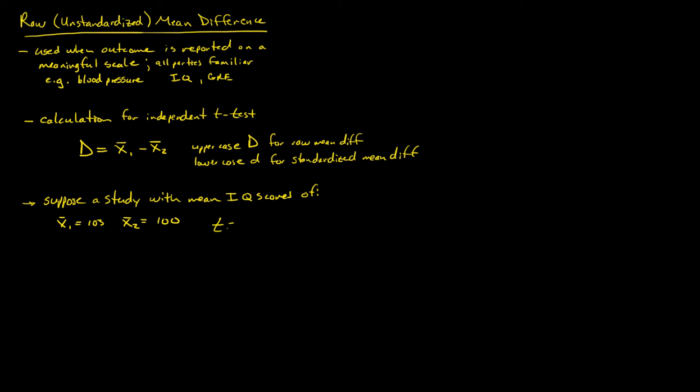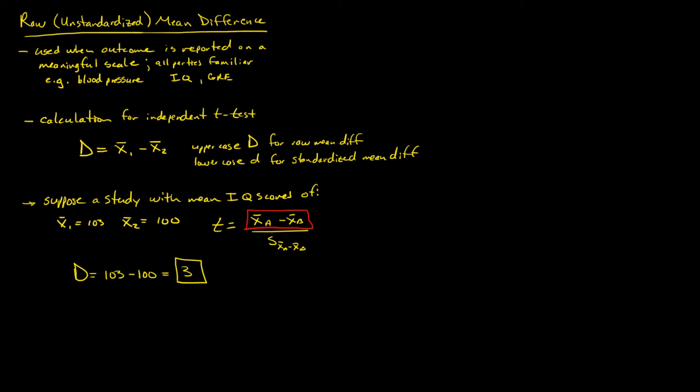Remember, our t-test equation was the x bar of group A minus the x bar of group B, divided by the standard error of the differences between group A and group B. We're just essentially doing the top half of this in the unstandardized mean difference. So D then equals 103 minus 100, which equals 3. So what was the effect of your treatment?